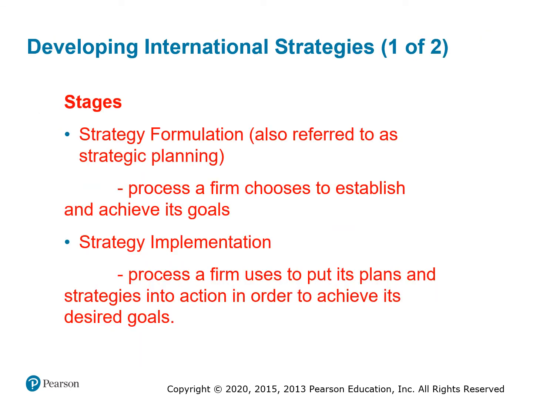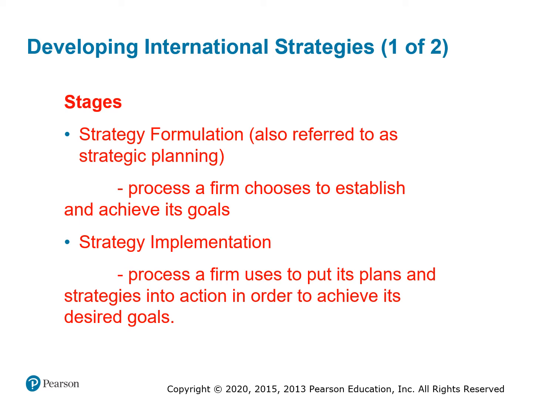There are two stages firms carry out in developing international strategies, namely strategy formulation and strategy implementation. Let us further expound on these two stages. Strategy formulation is also referred to as strategic planning.